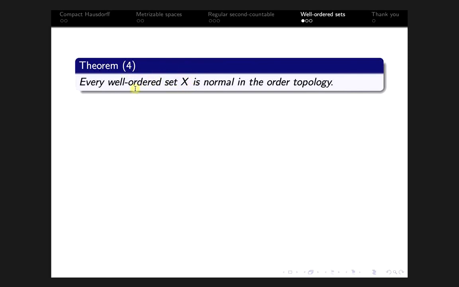It is an ordered set with the well ordering property. That means every non-empty subset of X has a least element. So equipped with the ordered topology, X is normal if the order is well ordered.